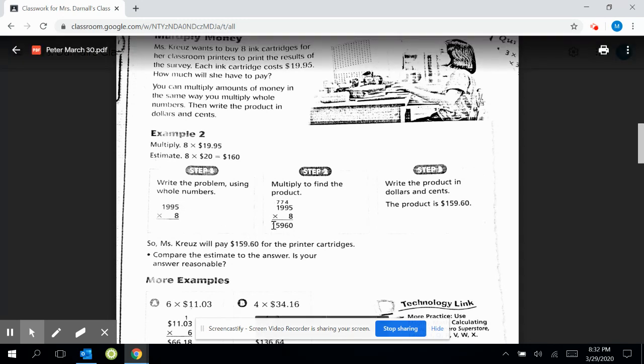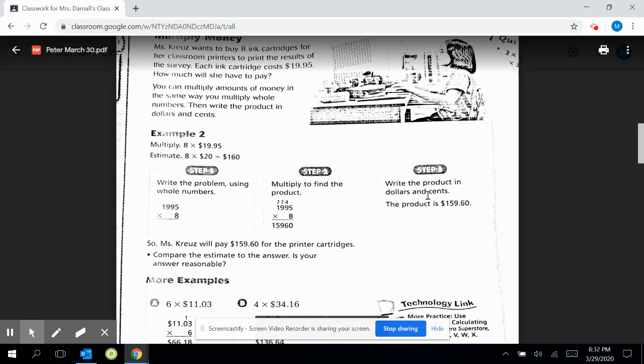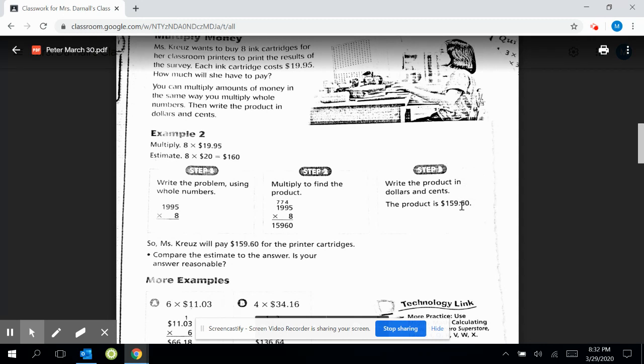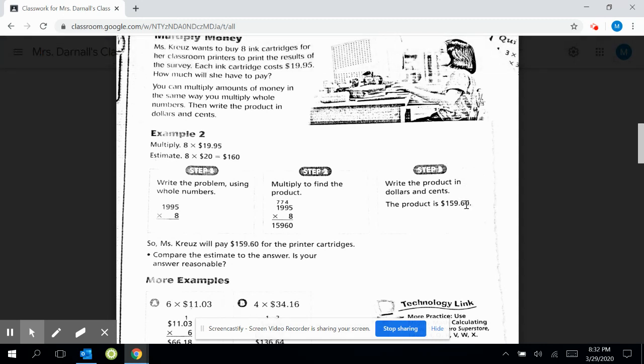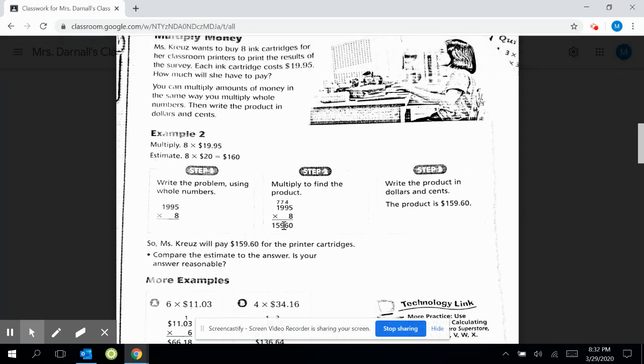And then you can just do it the regular way. And then step 3, write the product in dollars and cents. So go ahead and put that back in there. Remember that we have cents has 2 numbers there. We have 2 numbers, and then we have the decimal point. So you can just put that back in there when you've finished the problem and you're all done with it.